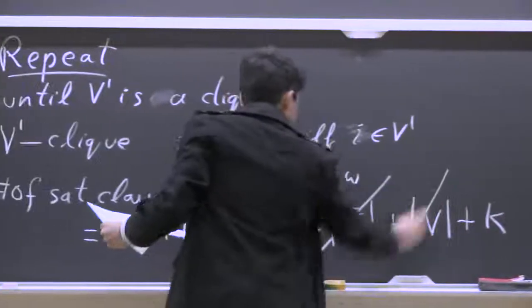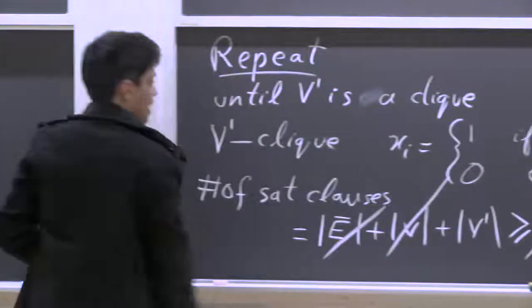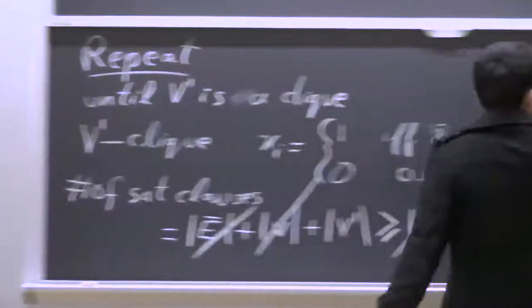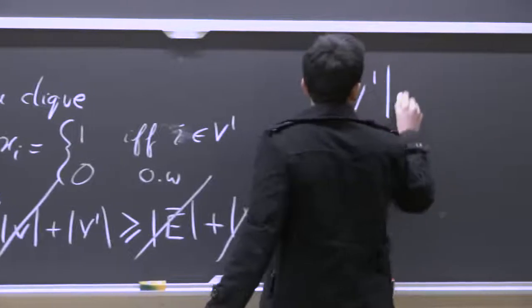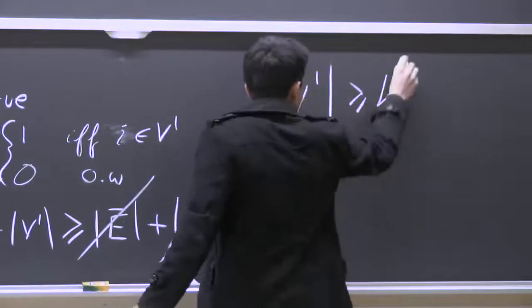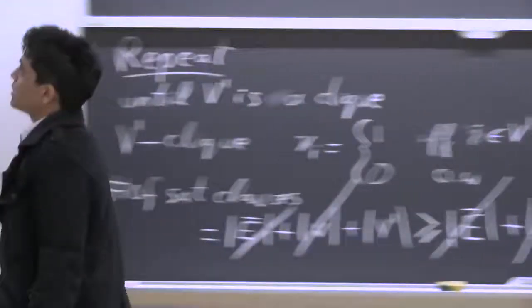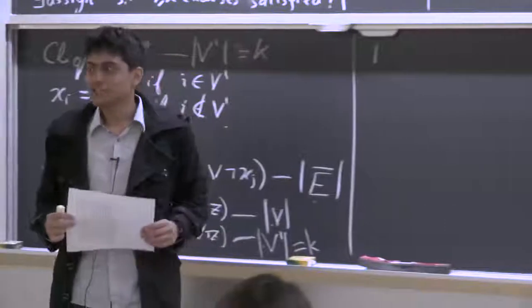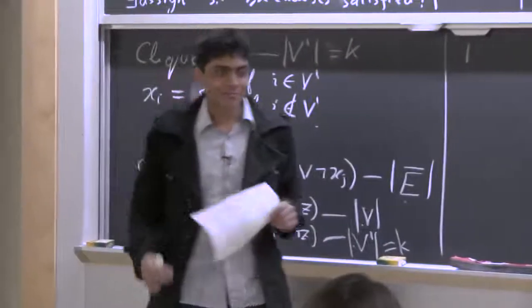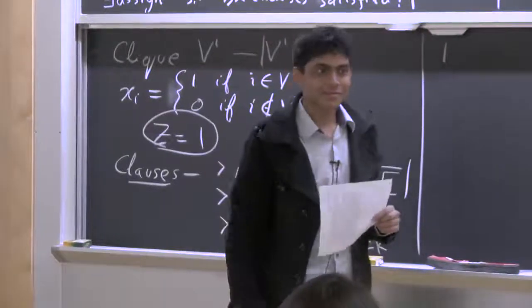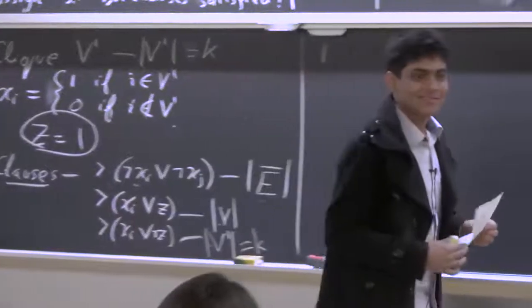And you cancel this, and you get mod of v dash is greater than or equal to k, which means that you have a clique of size greater than or equal to k. Questions? Does that make sense? Really, all of it?